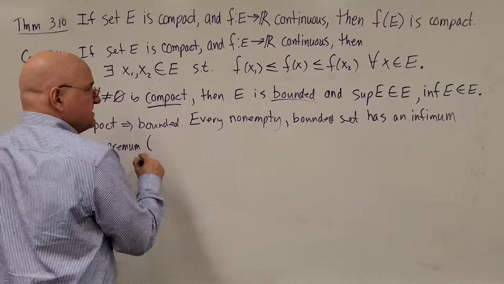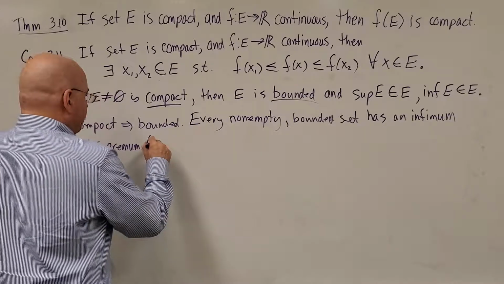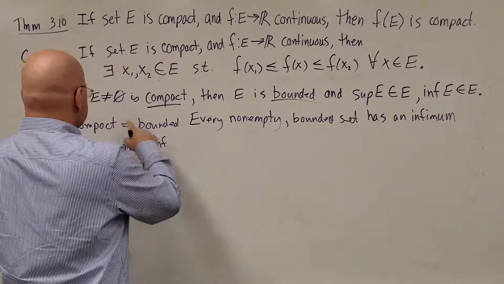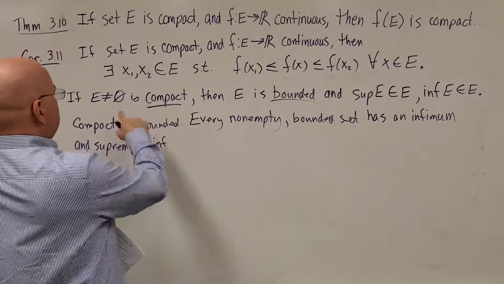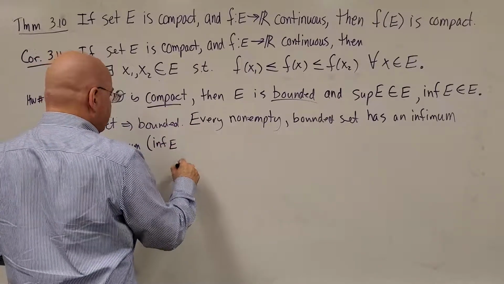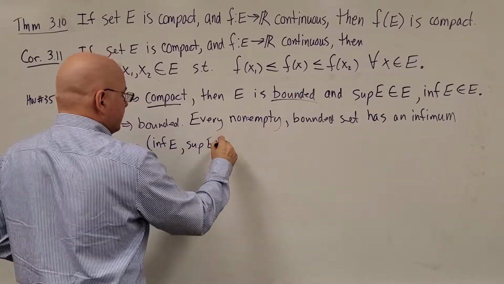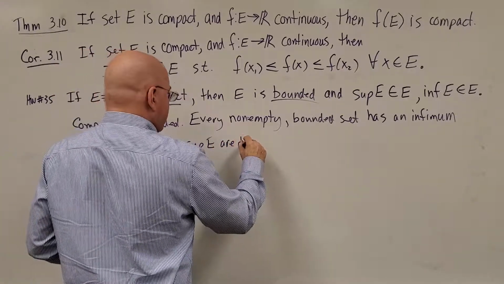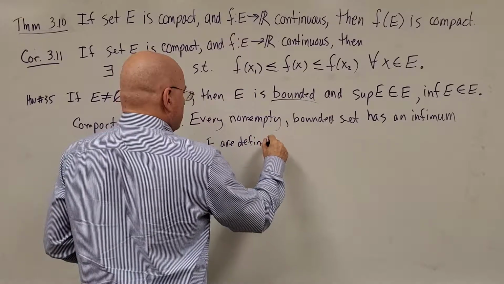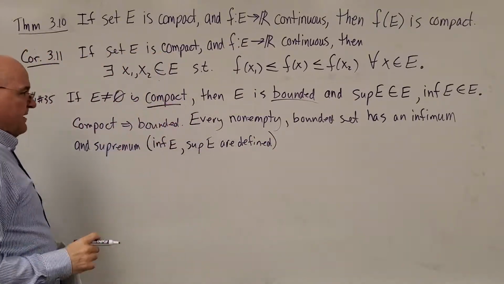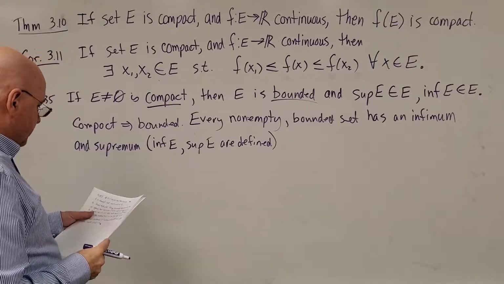So I'll go ahead and just say, the infimum of E and the supremum of E exist, or I'll say they are defined, because the set is non-empty and bounded.